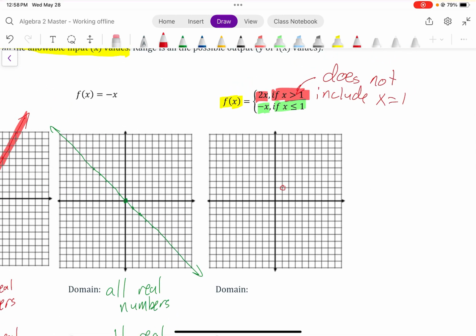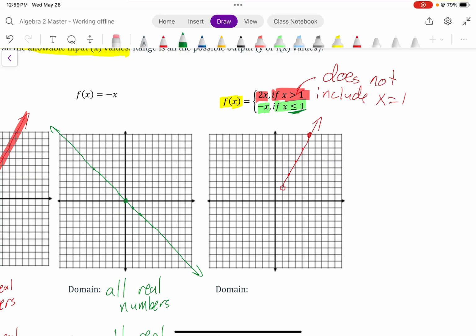So I put an open circle, just like when you first learn how to do inequalities. Now from that, I'm going to have my same slope of up 2, right 1. But I'm going to draw a ray through there. I'm not going to draw a line in both directions. We'll call that good enough. I'm not going to go down and to the left because that's this other piece, when x is less than or equal to 1.